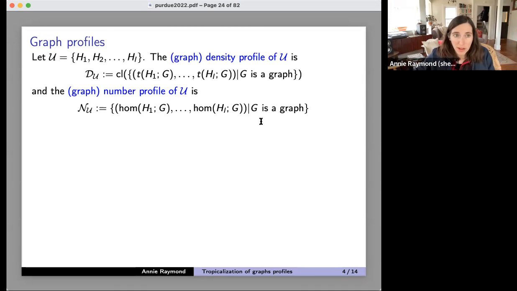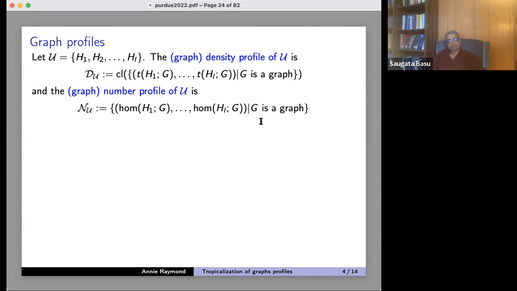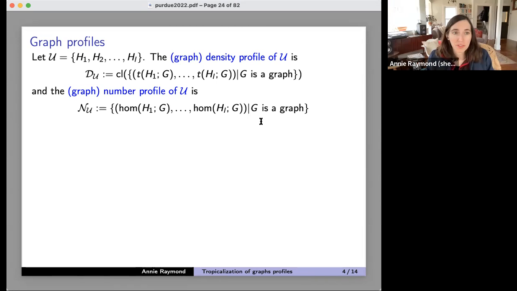And the graph number profile is going to be similar, but instead of densities, I'm just going to take the set of vectors that records the number of homomorphisms of H1 through HL in G.